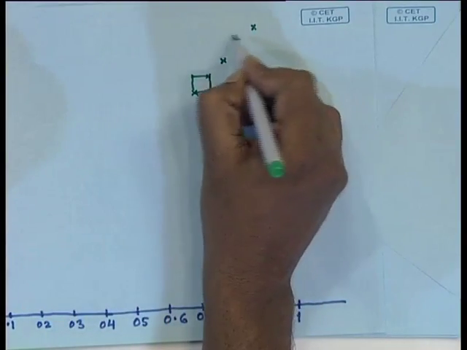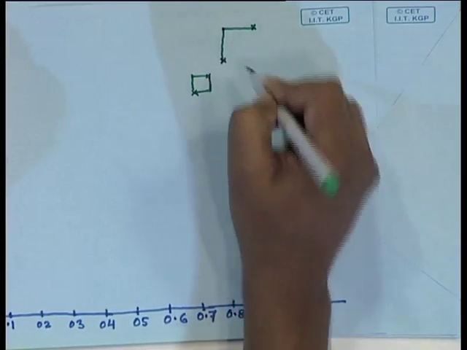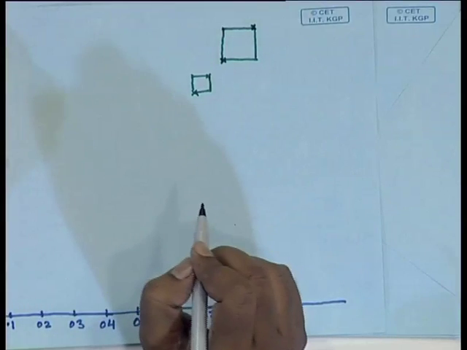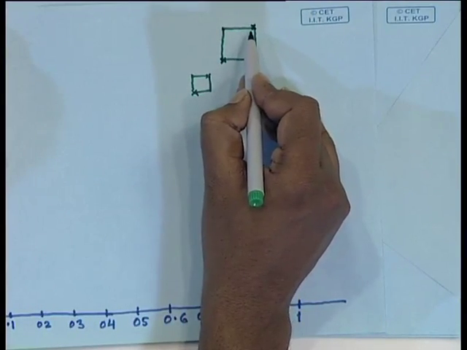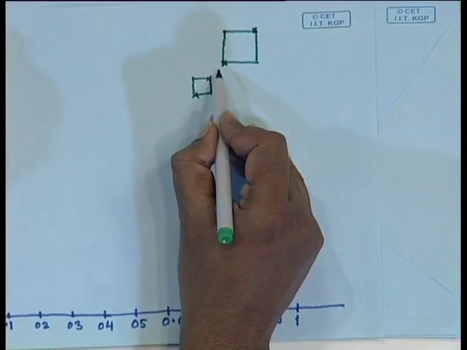So, the new hyperbox that I will get is this one. Now, in this hyperbox you find that the max point will remain the same as the previous hyperbox, whereas the min point has to change.